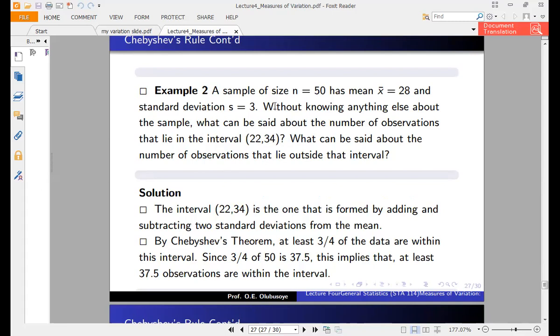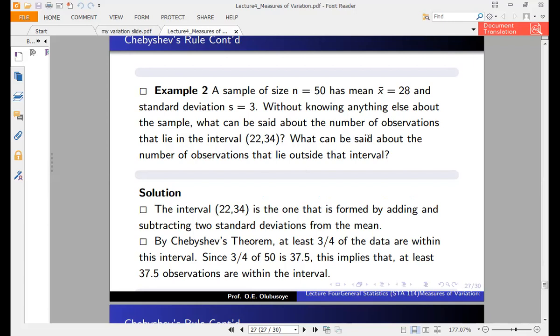So looking at 34, I noticed I need 6 to be added to this mean to get 34. And in fact, if I subtract 6 from this also, I will get 22. And that means my 6 will be equivalent to 2 standard deviations. That means 2 standard deviations are needed to form this range. And if 2 standard deviations are needed, remember we are dealing with Chebyshev's rule, because the question does not tell me that this is normally distributed.